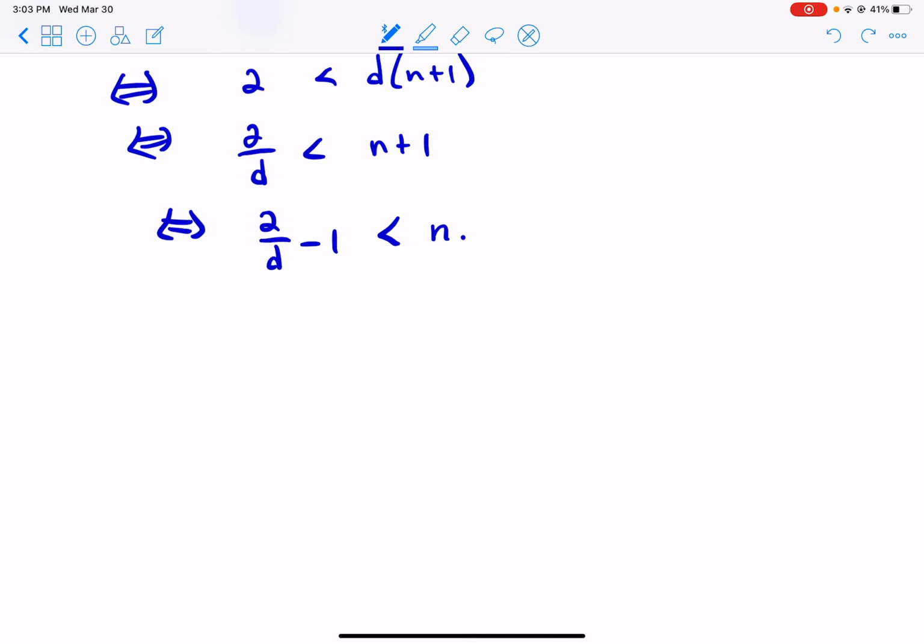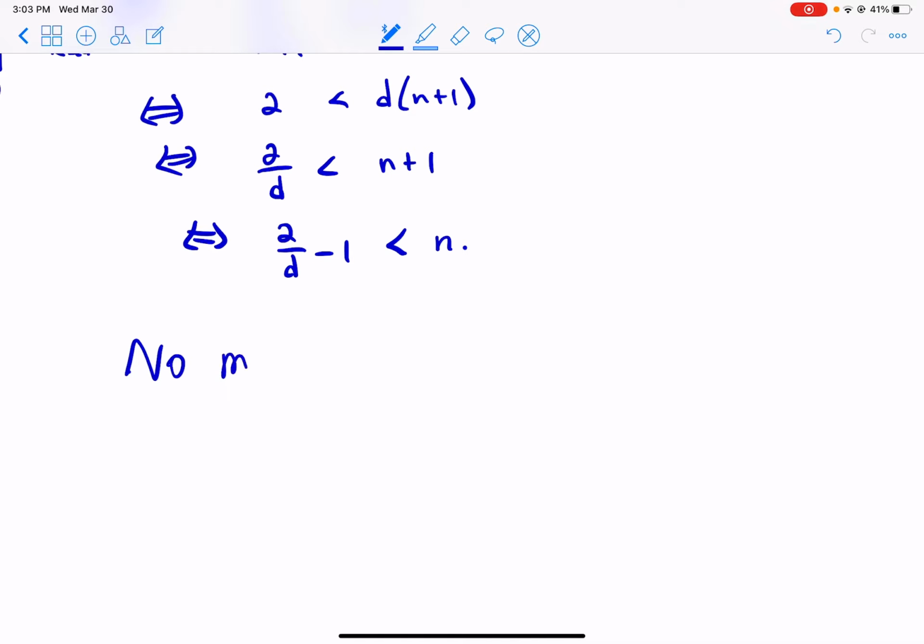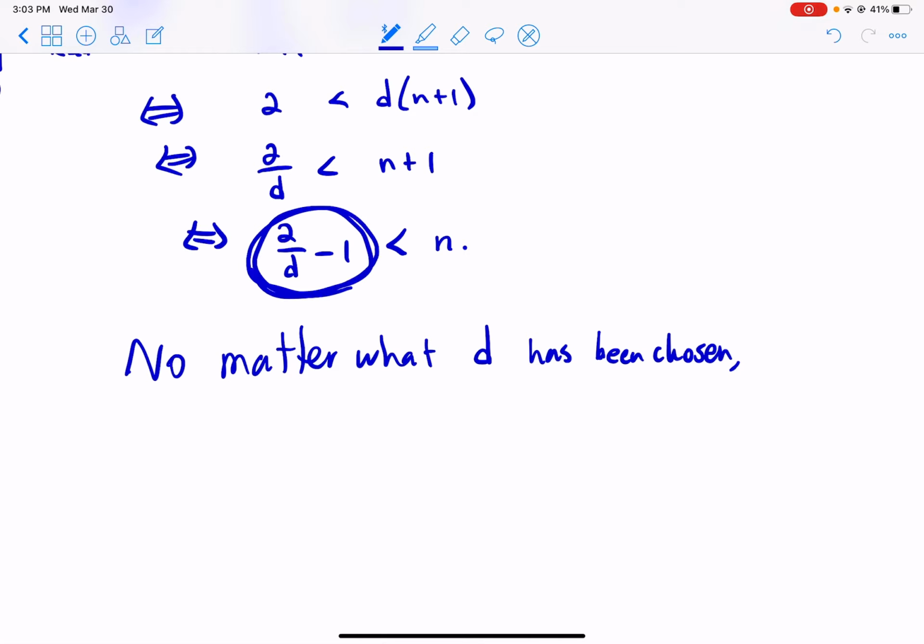Now notice, no matter what specific d has been chosen, whatever number d has been chosen, it has to be positive. This whole thing will be some real number, and I can find a number bigger than it.